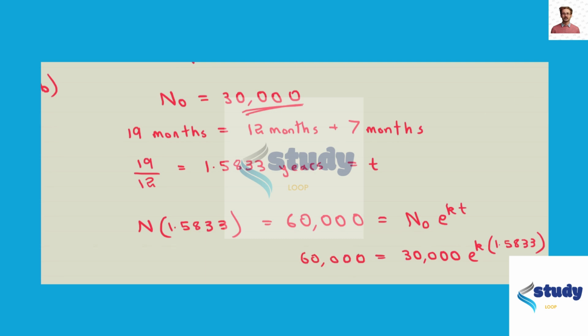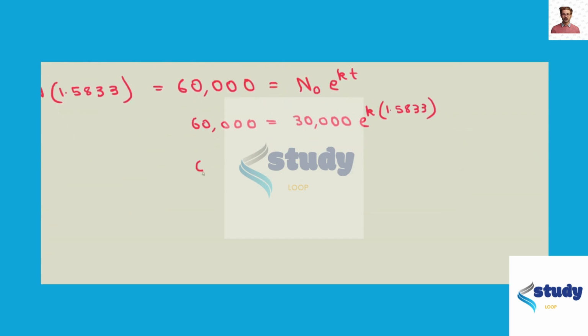We can simplify this equation by writing 60,000 divided by 30,000 is equal to e to the power of 1.5833 times k. So 60,000 by 30,000 is equal to 2. Now we take the natural logarithm on both sides.